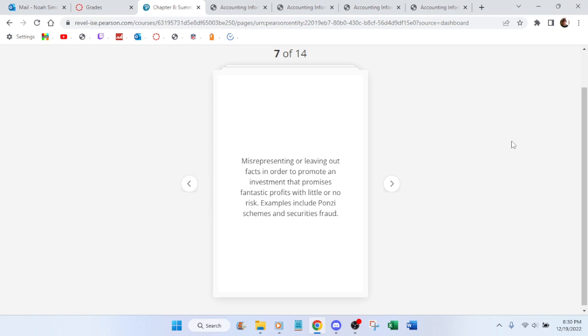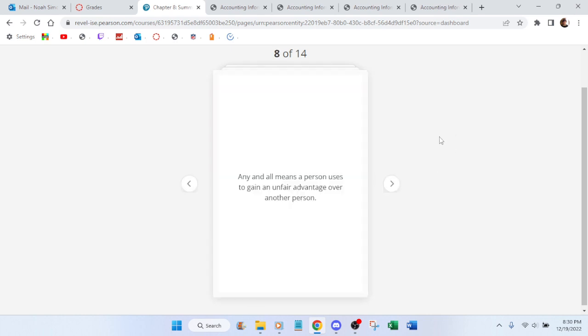Examples include Ponzi schemes and securities fraud, investment fraud. Any and all means a person uses to gain an unfair advantage over another person.